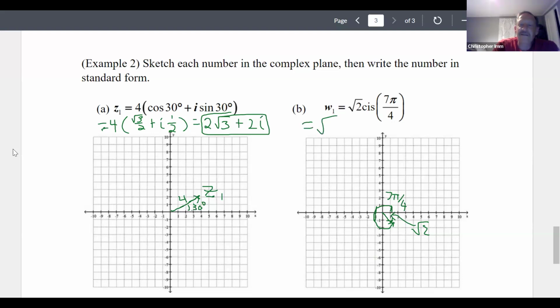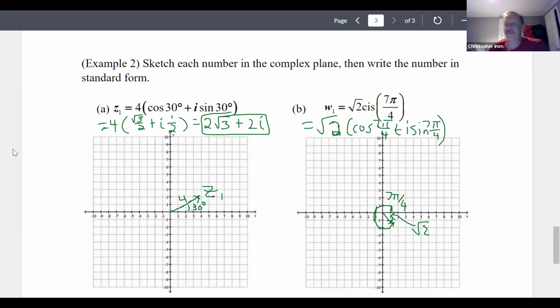I'd have square root of 2 times cosine of 7 pi over 4 plus i sine of 7 pi over 4.